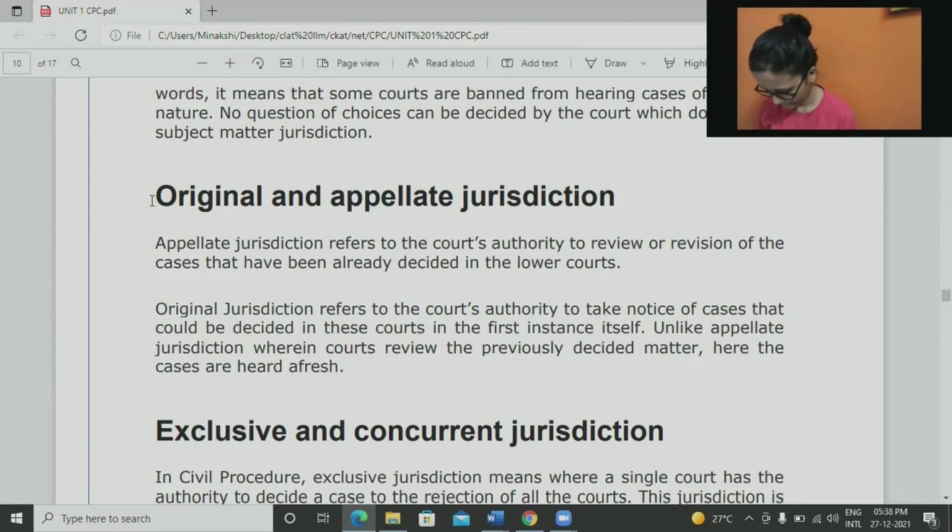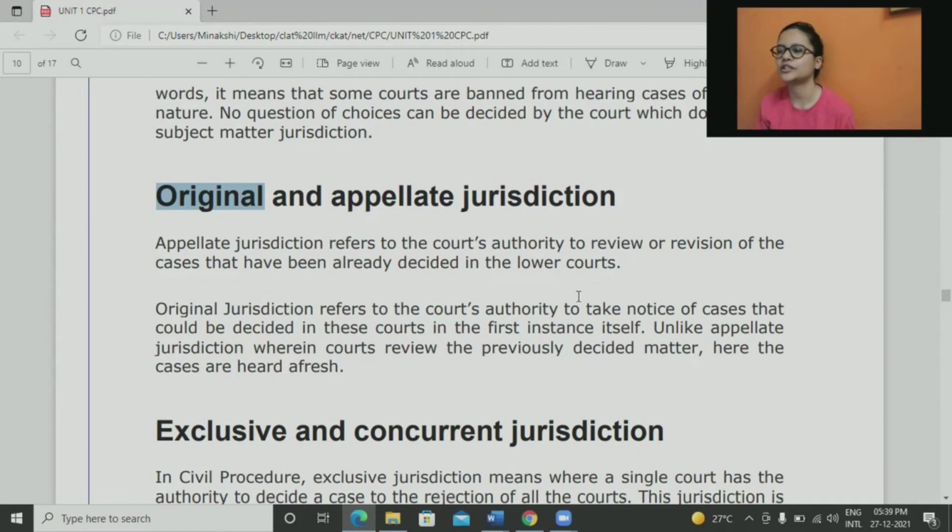Another one we have is original and appellate jurisdiction. Original is when you are going before that court for the first time, and appellate is when you have reached there from somewhere else.